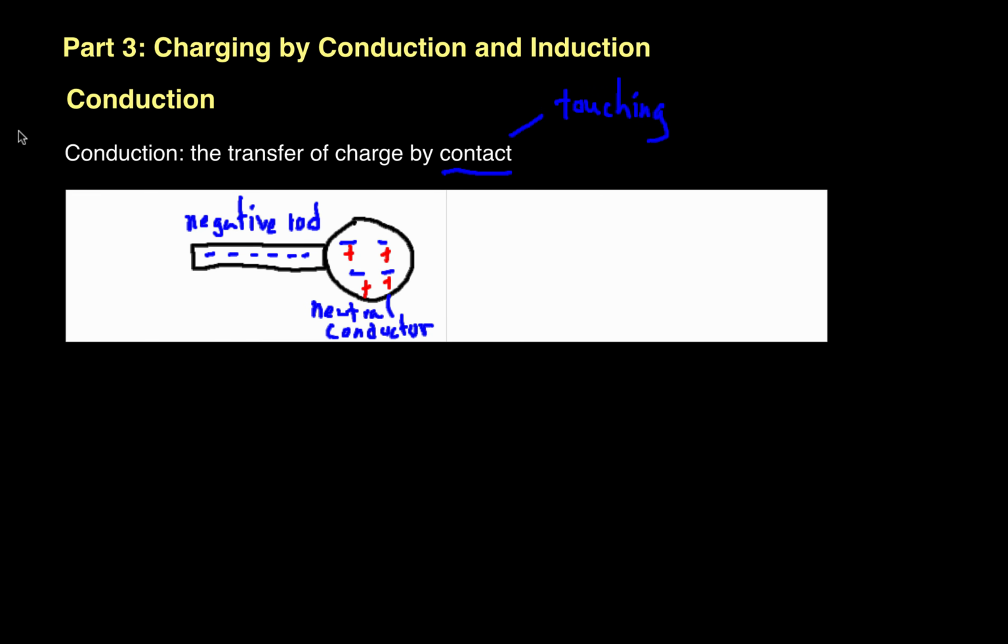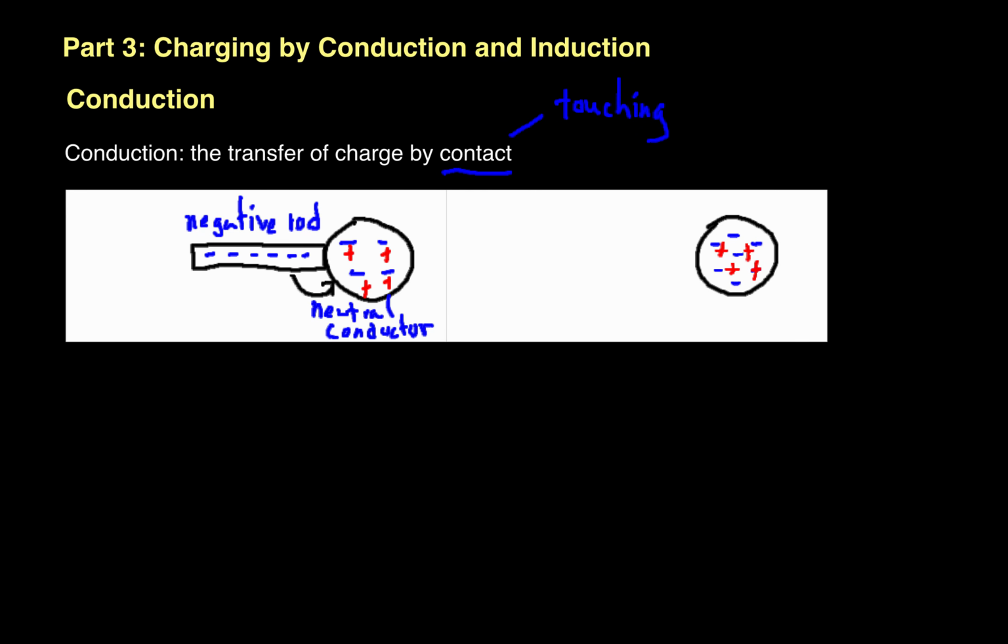As a result, the negative charges from the rod are attracted to the less negative neutral conductor, and electrons will flow from the negative rod, spreading out into the neutral conductor. The neutral conductor becomes negatively charged because now it has more negatives than positives spread out along its surface.